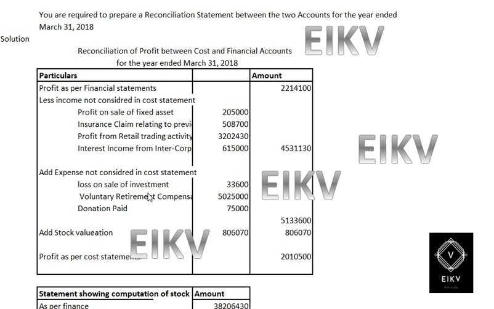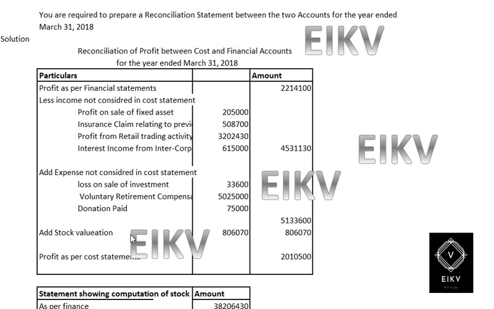These three heads of expenses are reflected in financial statements, but they do not form part of cost statements or cost records. Therefore, we need to add such expenses to get the costing profit.